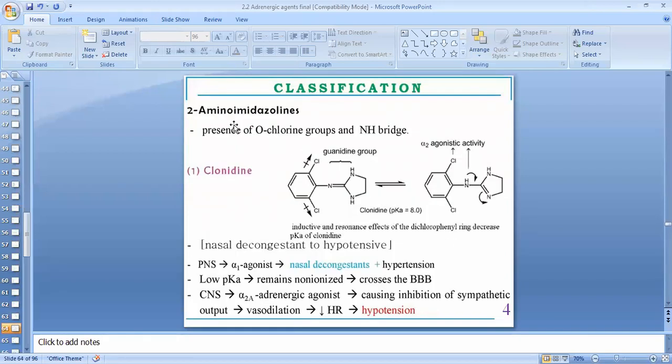Then the next class is 2-amino imidazolines. Here there is presence of orthochlorine group and NH bridge. We have seen the general structure in the morning class. This is an imidazoline ring. This nitrogen bridge, X च्या तिथं nitrogen if substituted is there, and if there is presence of orthochlorine groups, so they are going to increase the action.